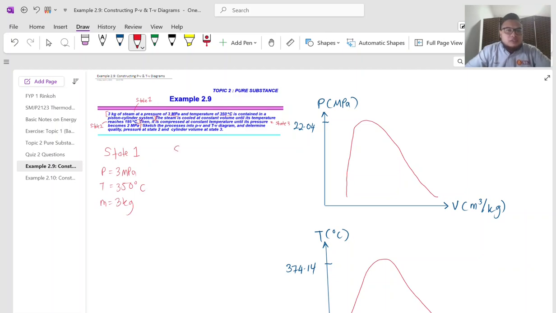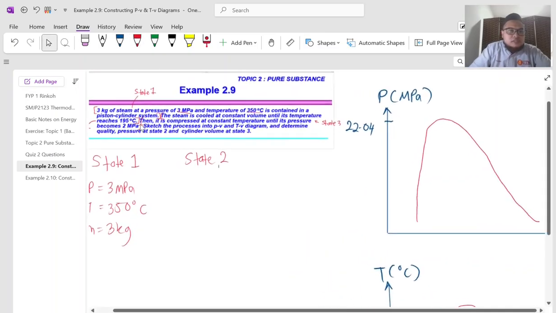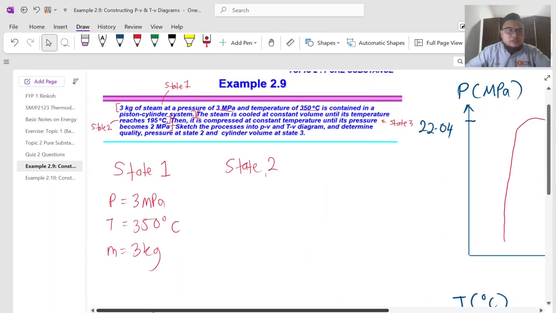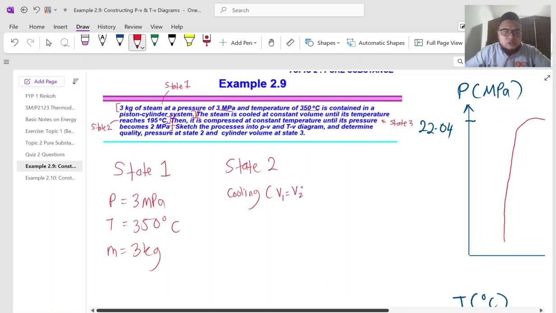Then state 2: we know that the steam is cooled at constant volume until its temperature reaches 195. So we have cooling at constant volume, V1 equals V2.